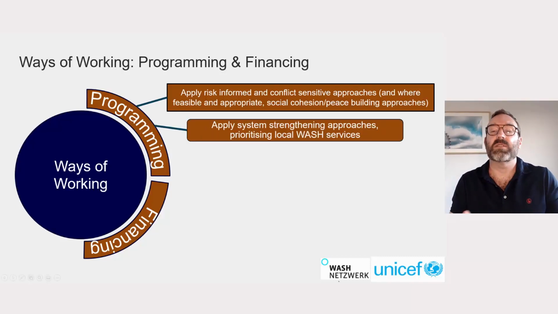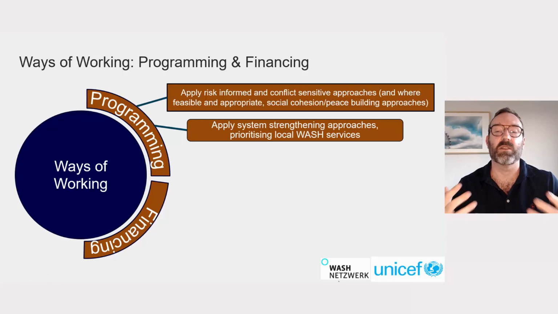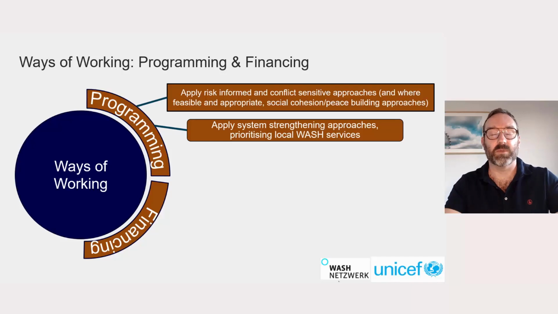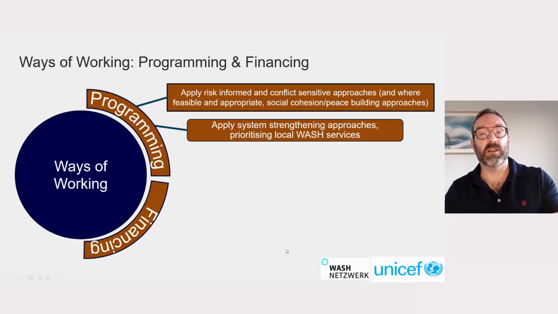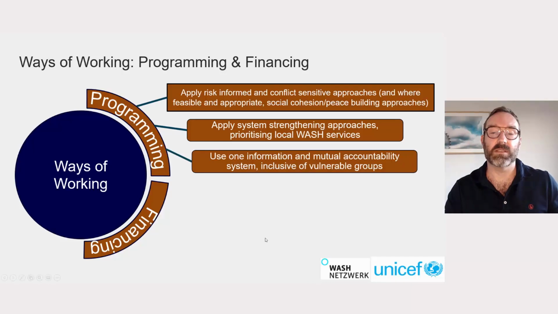And applying a system strengthening approach, so prioritising local WASH services. So this may be working with local service providers to be able to absorb refugee intakes and ensuring that there's a peaceful existence between the local community and the refugees. Using one information and mutual accountability system inclusive of vulnerable groups.